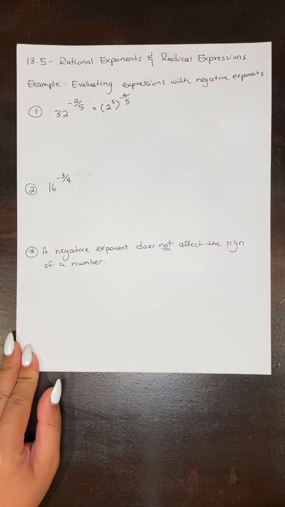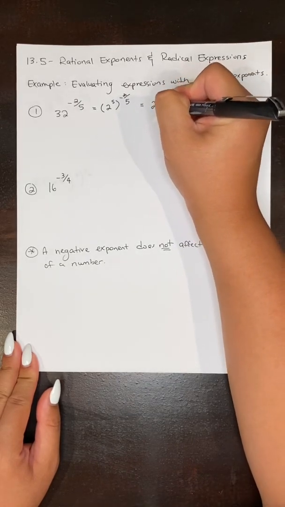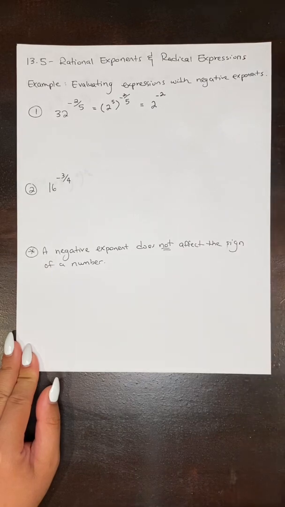Using the product rule, we can combine the 5th and negative 2/5 power to get 2 to the negative 2. Now, we apply the negative exponent rule by rewriting the expression as 1 over 2 squared, or 1/4.